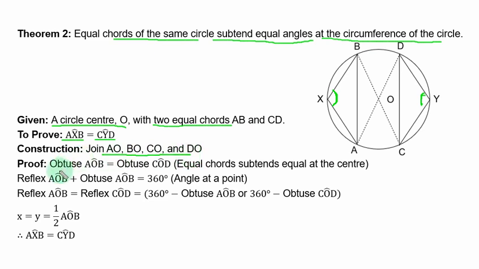Proof: obtuse angle AOB is equal to obtuse angle COD. This is what we proved in theorem 1.